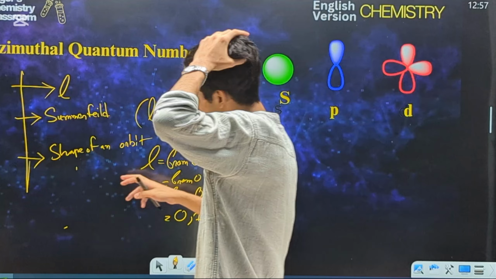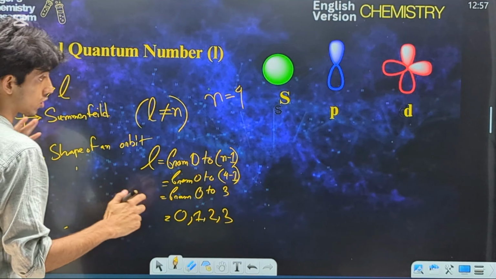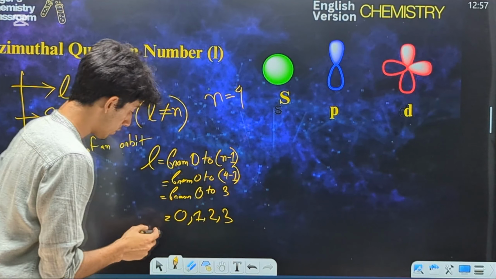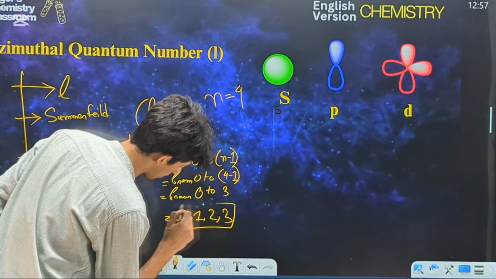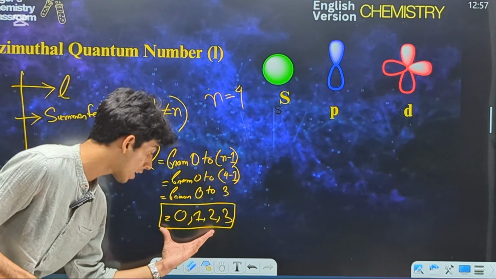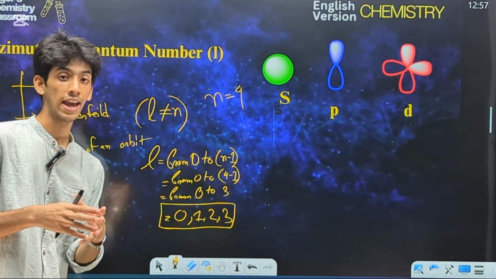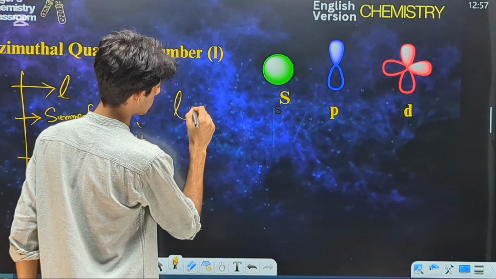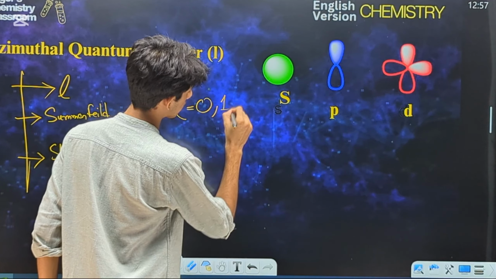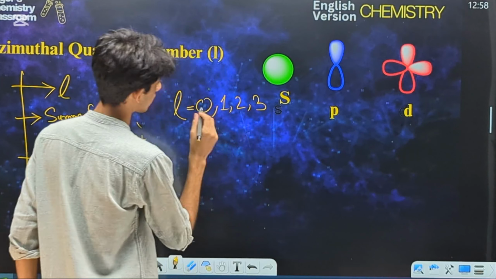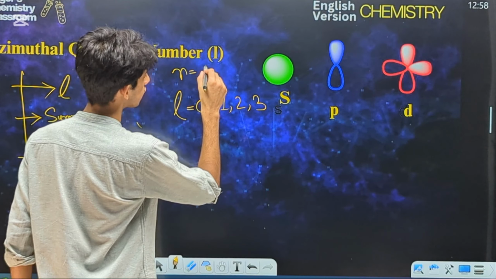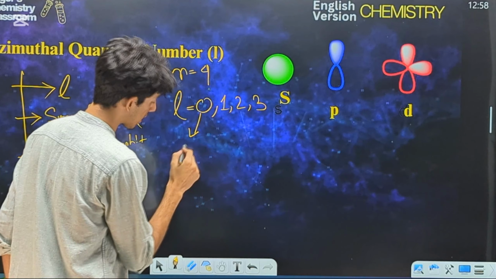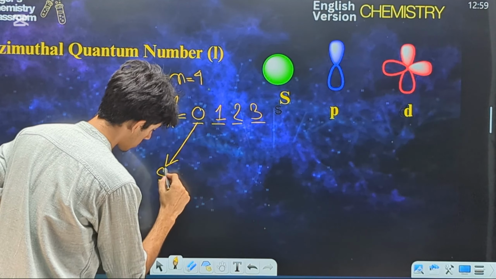I've said that it indicates the shape of an orbit, and if the value of N is 4, we get this as the value of L. Each and every number of L has their own names. L is equal to 0, 1, 2, and 3 for the value of N equals 4. Then this number of L is named sharp.